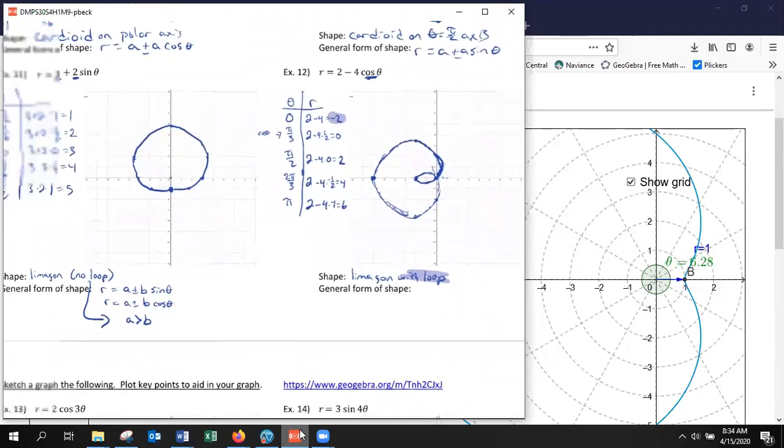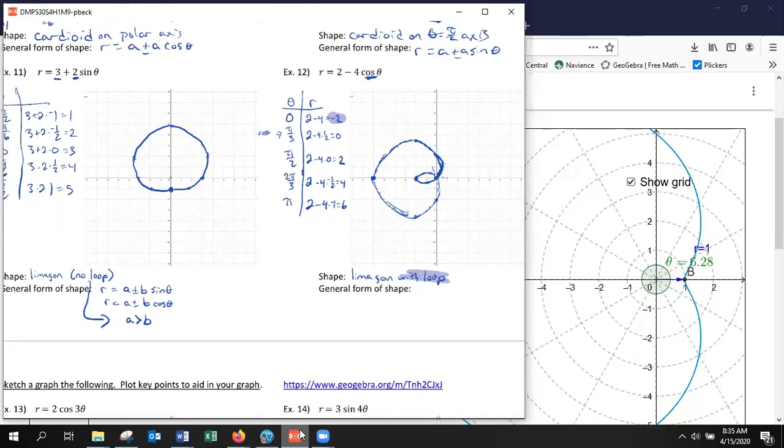For those students who have made it this far, I want you to play with GeoGebra and come up with a very fun shape and email me a picture of the shape with the equation that generated that shape. I will have this as an extra credit, and I'm going to put the extra credit on Canvas for all of you to judge and say which one you like the most. So there's the hidden gem for today.